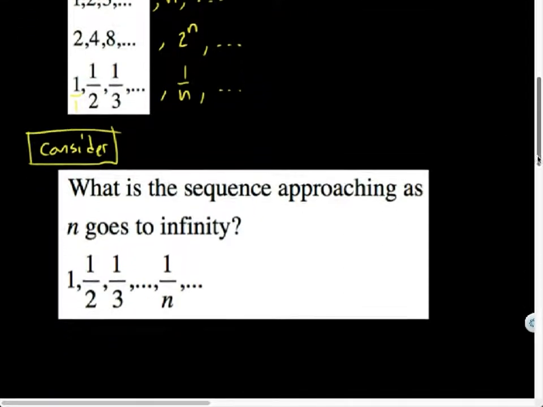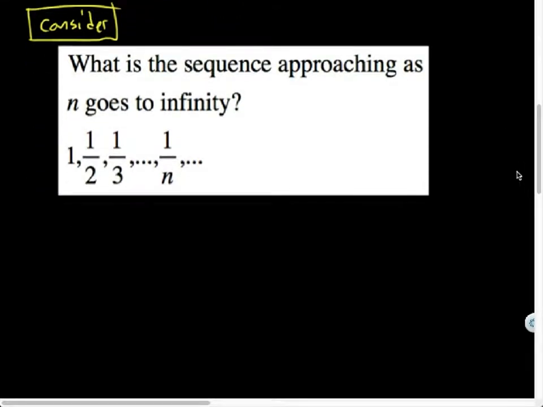Is it ever going to be 0? Right? Because, I mean, think 1 over 100 is like 0.01. 1 over a million would be like 0.000000, some number of zeros, 1. 1 over a googol would be point, lots of zeros and then a 1. It's getting smaller and smaller and smaller.